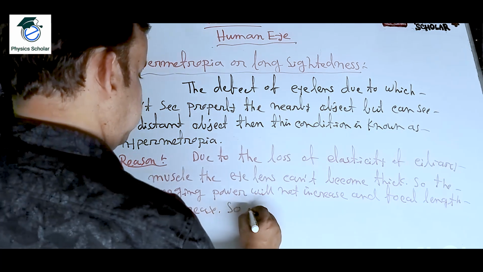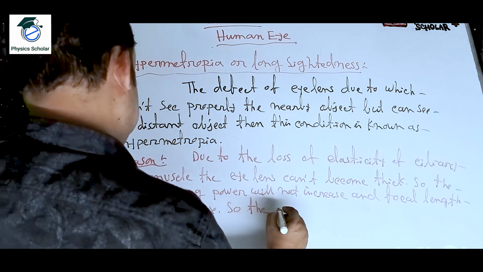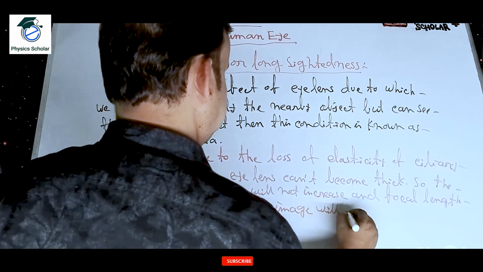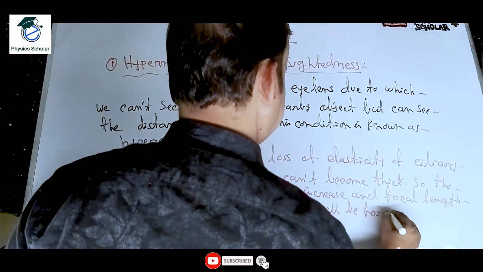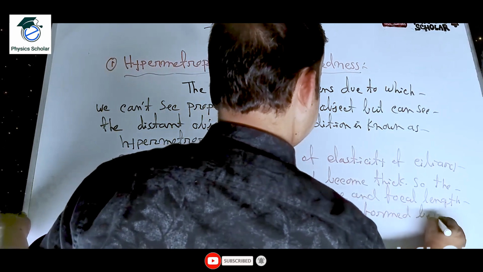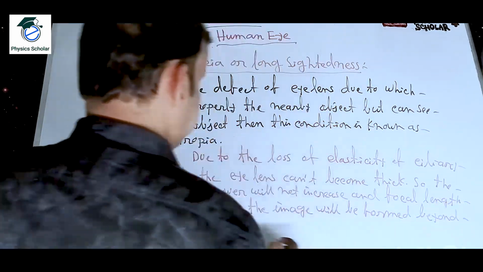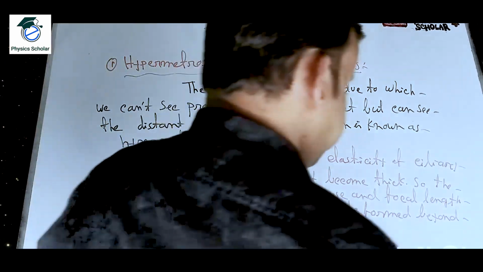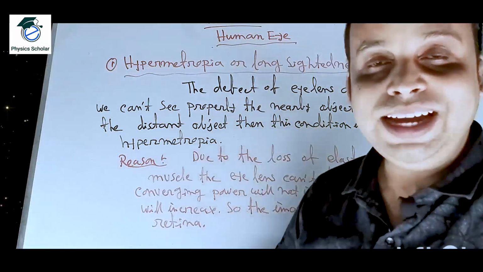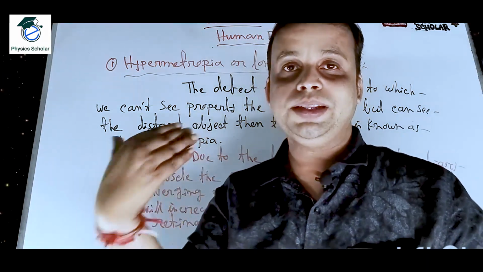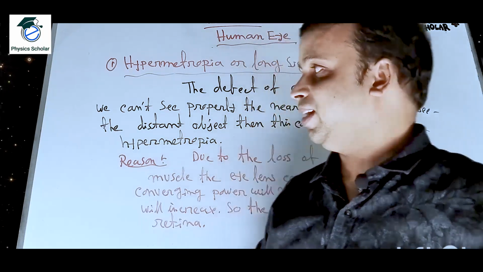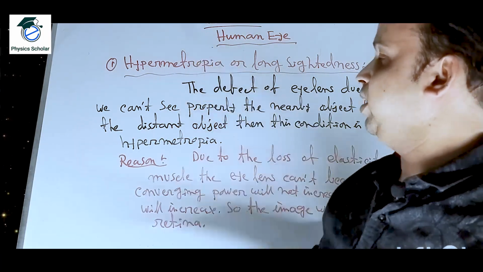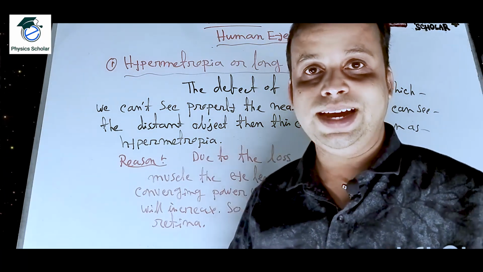So the image will be formed beyond the retina. That's why we cannot see the nearby object clearly, but we can see the distant object properly. So this condition of the eye lens is known as hypermetropia or long-sightedness.